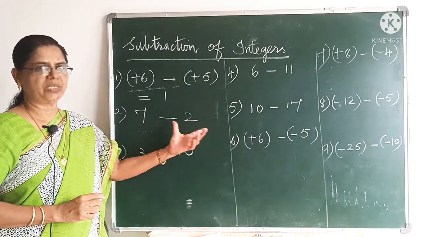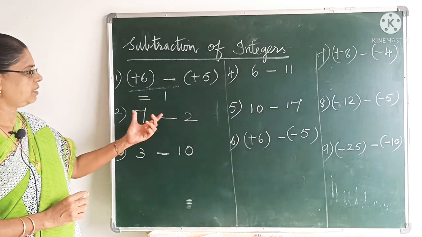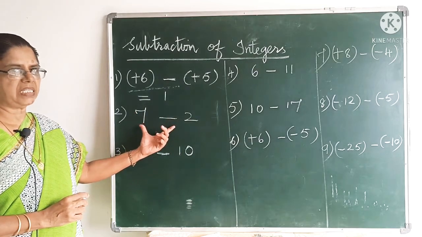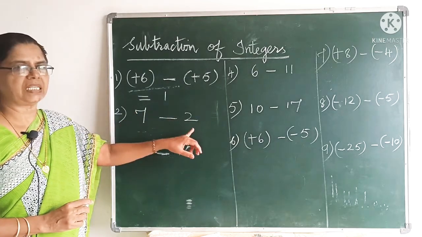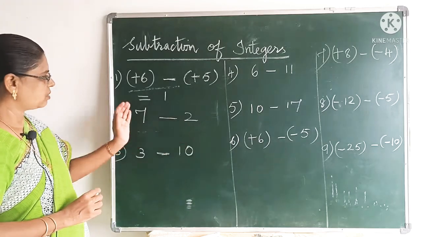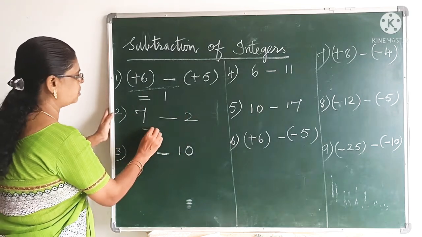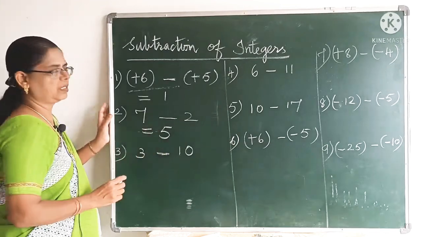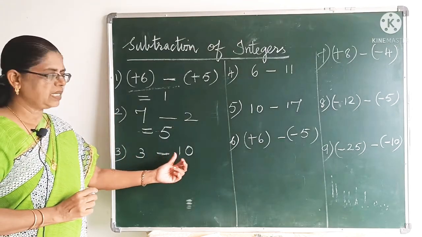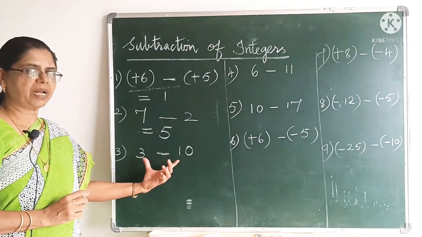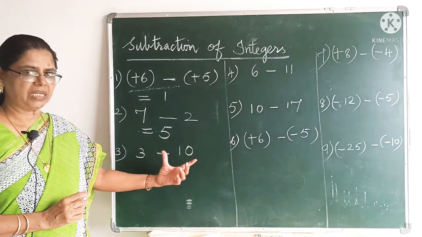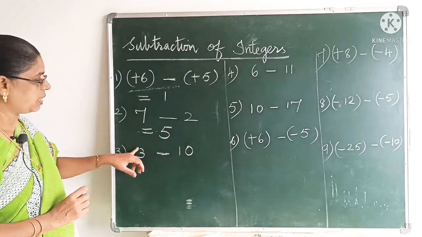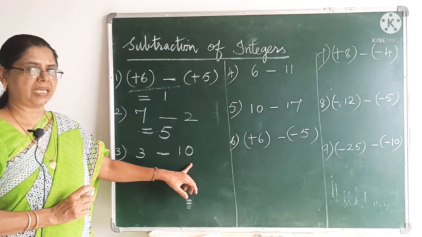7 minus 2. It's very easy, subtracting two positive integers, and the first integer is greater than the second integer. So 7 minus 2 is equal to 5. Next, 3 minus 10. Here we subtract two positive integers, but the first one is smaller than the second one.